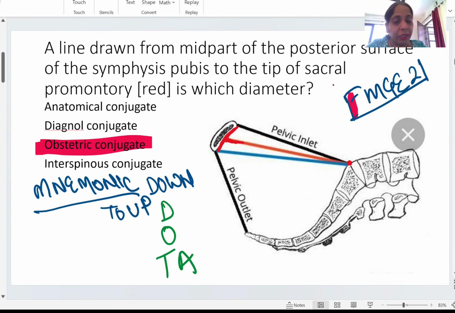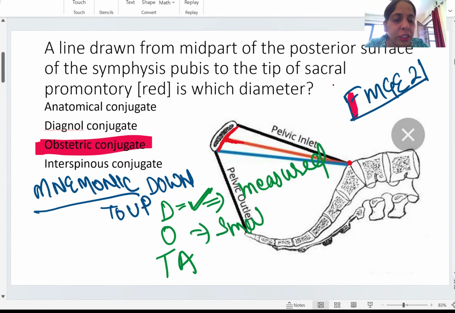DOTA. The one which can be measured is the diagonal conjugate, the one which is smallest. The true ones have no relevance. The actual conjugate, the true conjugate, does not have any relevance.